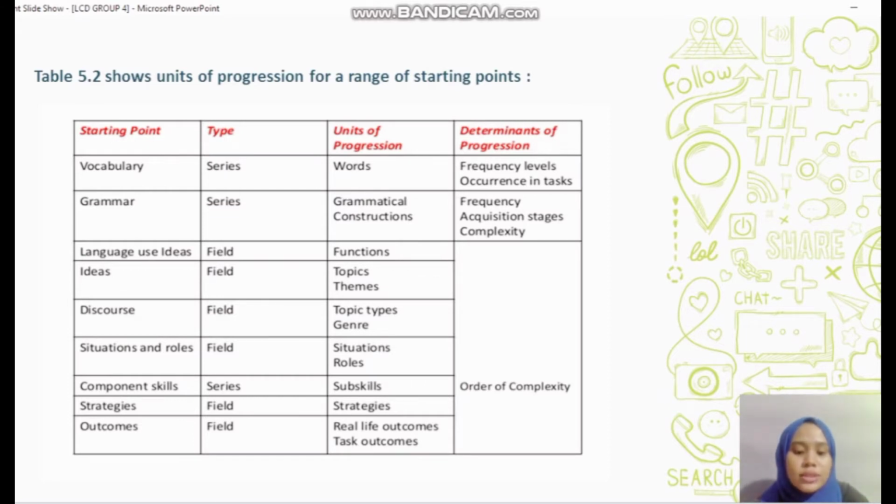The order of items within a field is determined by pedagogical considerations and constraints such as keeping the learner's interest, making use of available resources, and allowing for recycling of material.